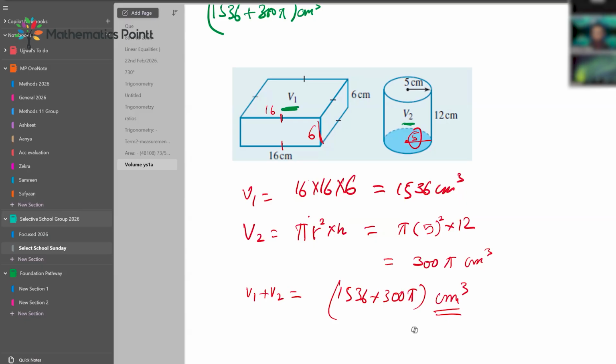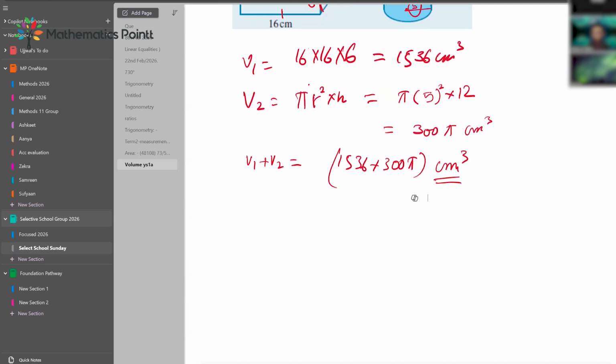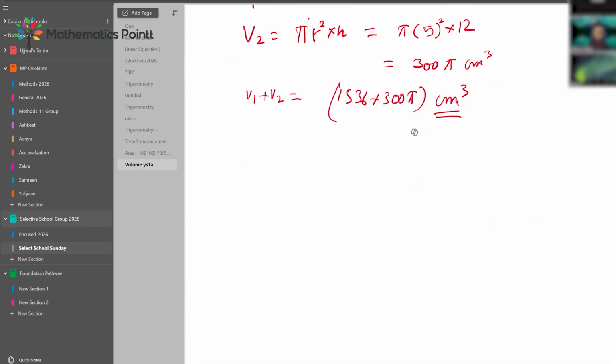Very, very simple, right? Has everyone got the hang of it? This was sort of a challenge, right? Okay, maybe the last question of the day, looks like.